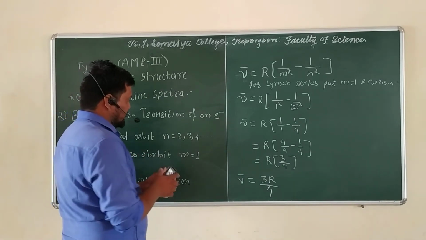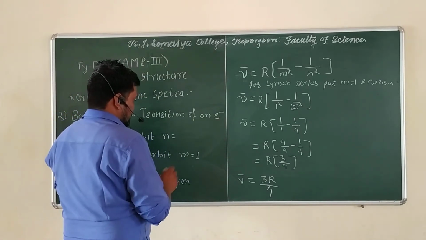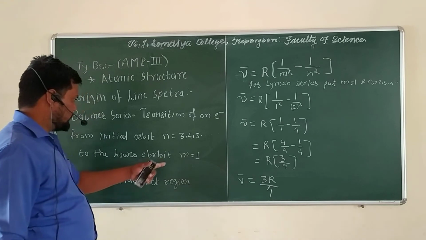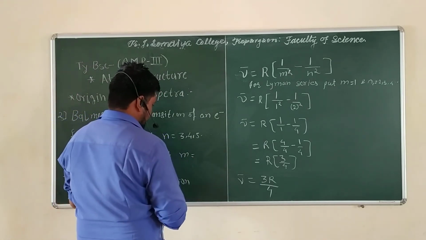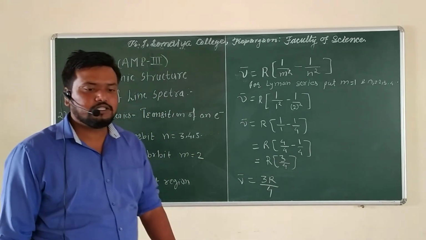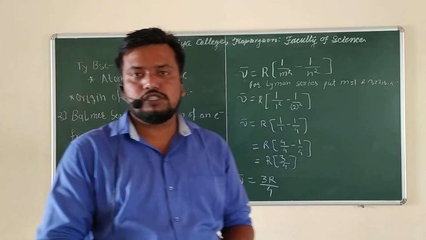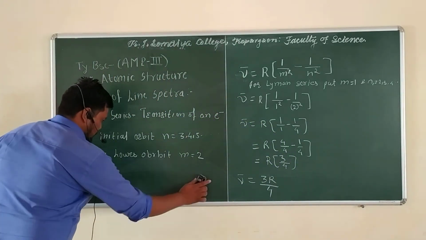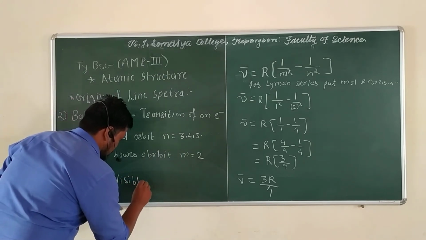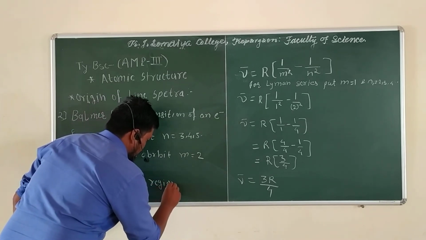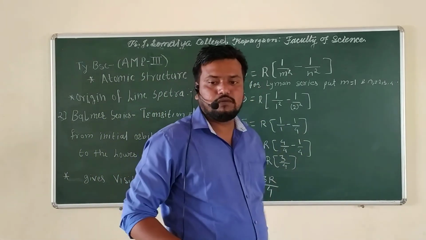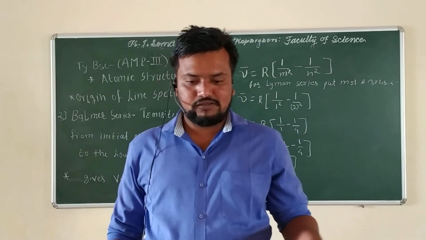The initial orbit changes, n is equal to 3, 4, 5 and so on, to the lower orbit, and the m changes to m equal to 2. This is the fixed value, and this gives the visible region of the spectrum.